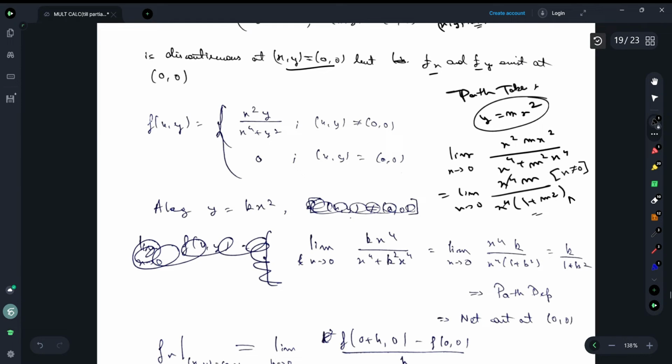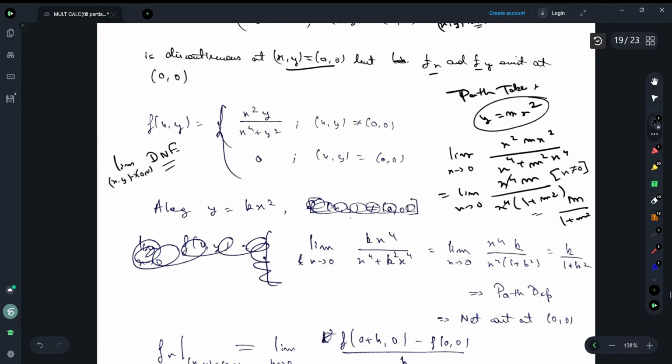So the value comes out to be m over 1 + m². That implies that the limit is path dependent, and if the limit is path dependent, then the limit does not exist. So we can obviously say that this limit as (x,y) tends to (0,0) does not exist.